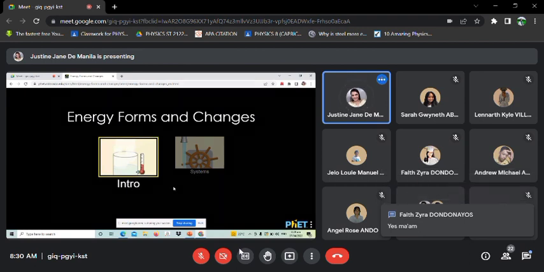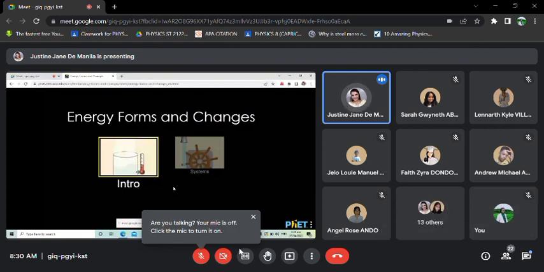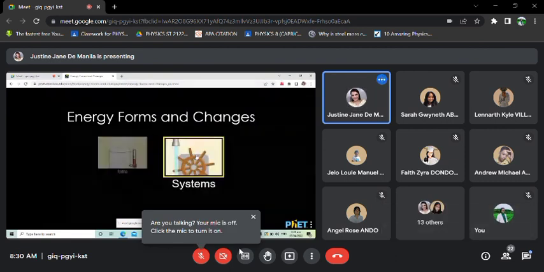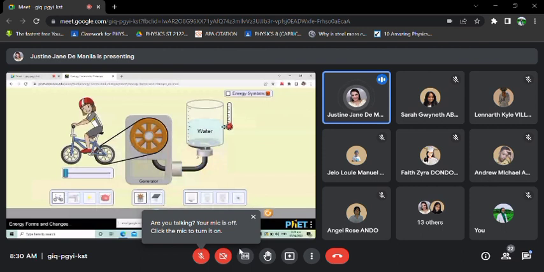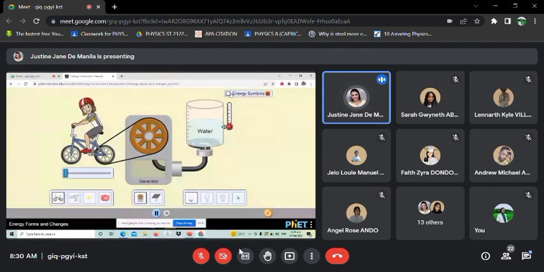So, okay. This one is called Systems. And the first thing you're going to do, class, is check the energy symbols. And then, the colors here represent the different forms of energy.